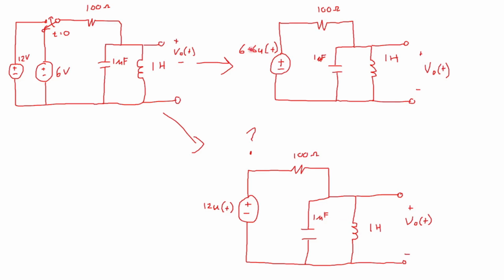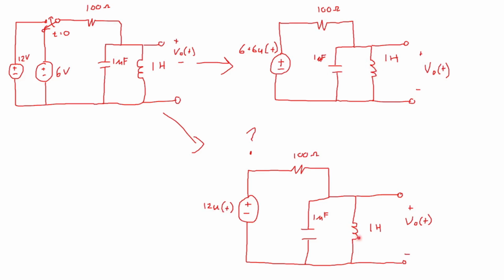So the difference between 6 plus 6u of t and 12u of t, it is going to still transform to 12 over s, and we're going to replace this source and say that it is a 12 over s source in the s domain. The difference is 6 plus 6u of t implies a different set of initial conditions than 12u of t does.